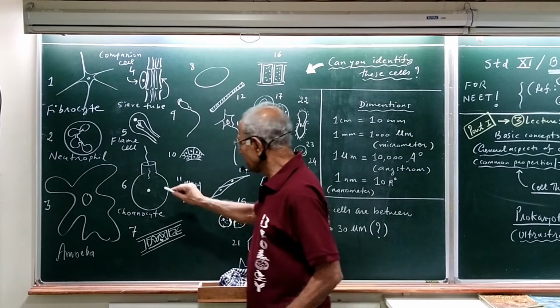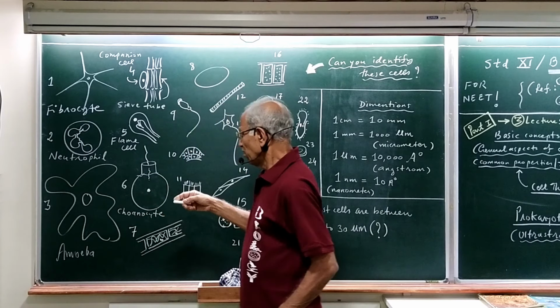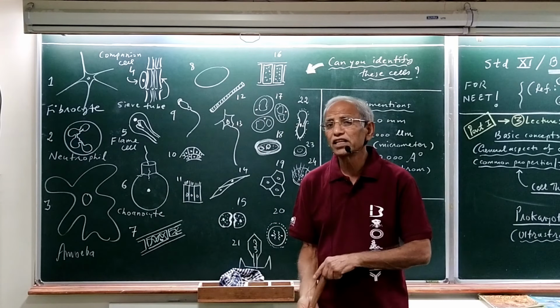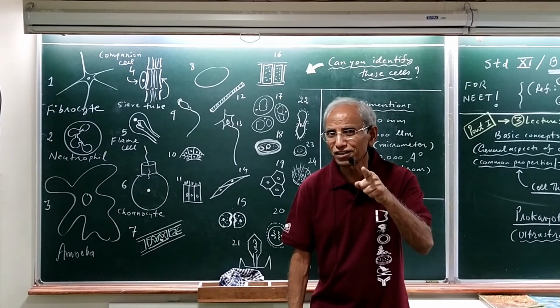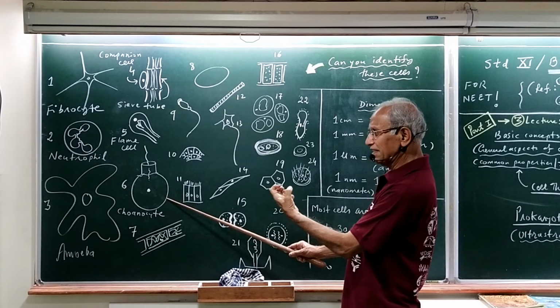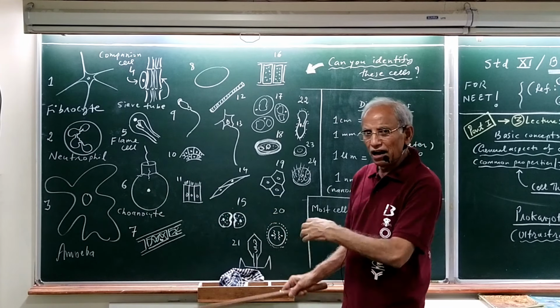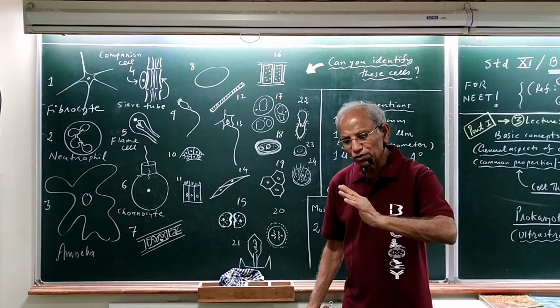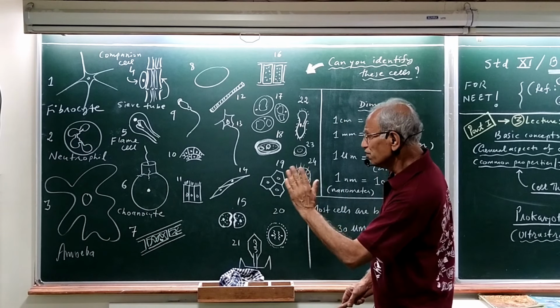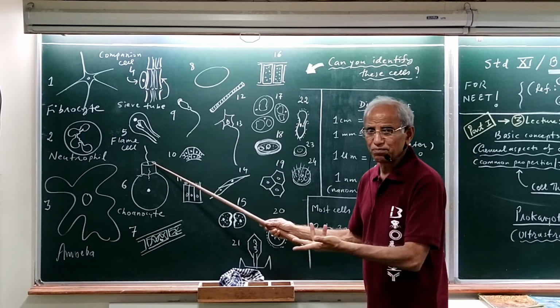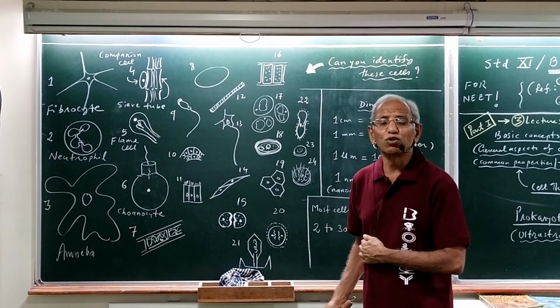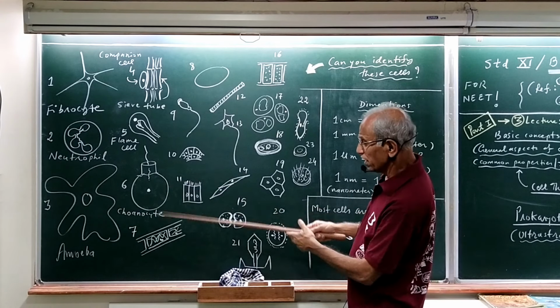Choanocyte has a kind of collar here. This is typically present in all these sponges. Do you know porifera, sponges? They have these cells, and there is a flagellum here, and with the help of flagella, the choanocytes continuously generate water current, because the poriferans have water flowing through their bodies.